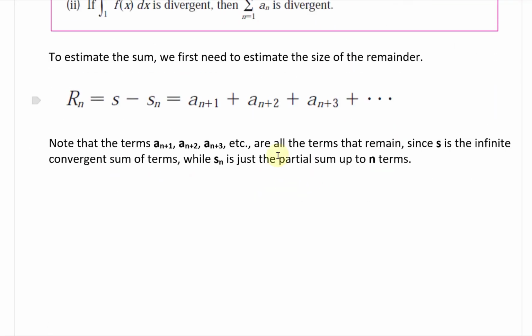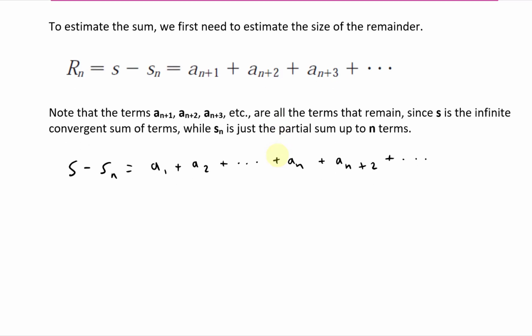So let's write this down to illustrate. S minus S_n: S is the full sum of the series, so we have a_1 plus a_2, dot, dot, dot, and it includes a_n, then a_(n+1), a_(n+2), plus dot, dot, dot, going to infinity.